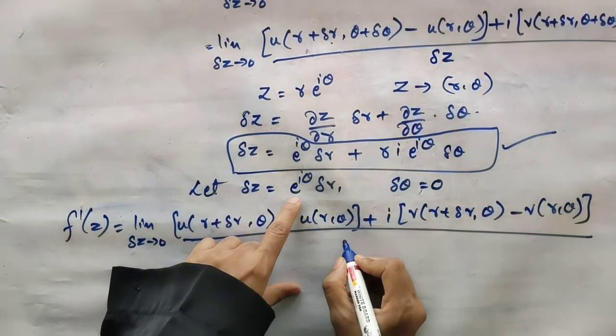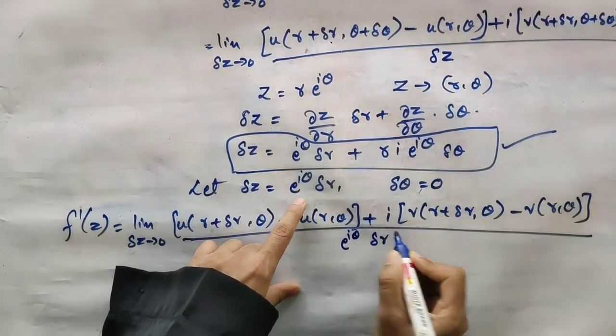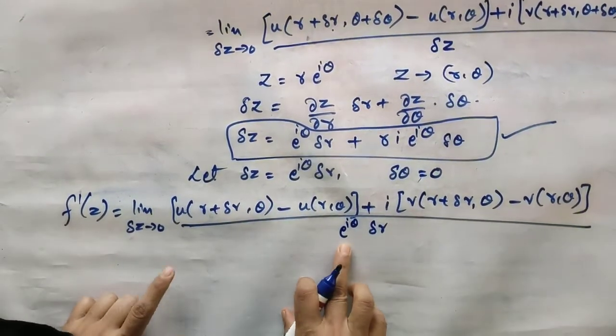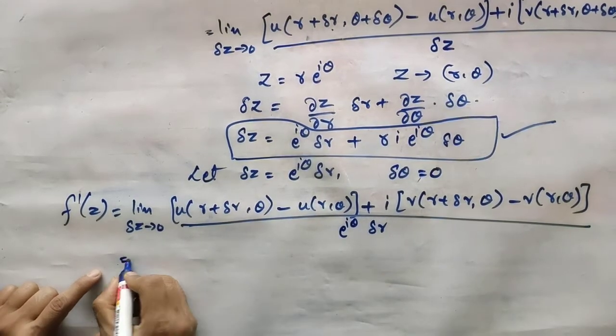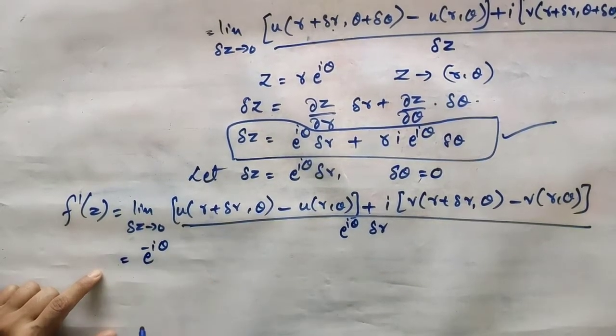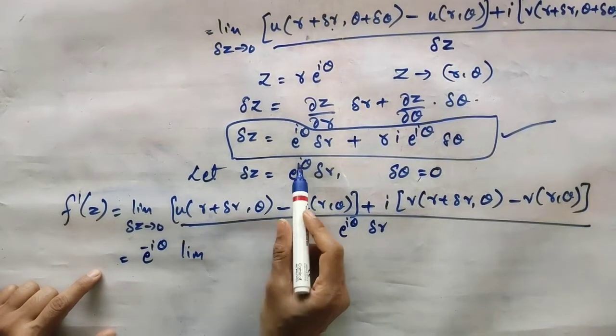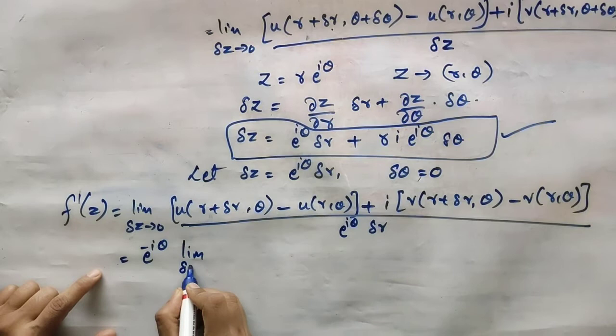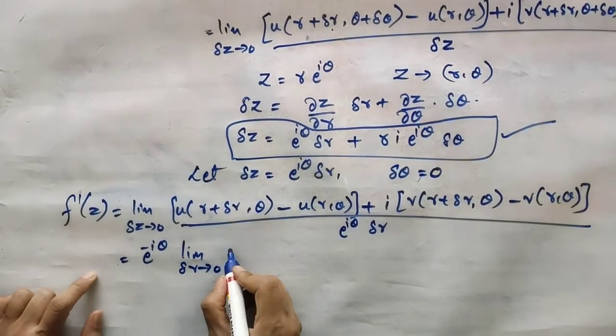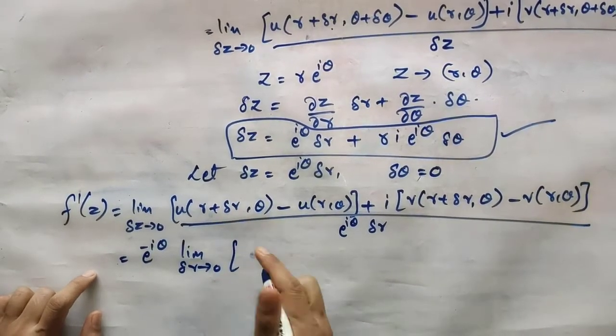I am considering delta z as e to power I theta into delta r. So e to power I theta, I can take it outside and write it as e to power minus I theta over here. Limit, now delta z is tending to 0. Since delta z is equal to e to power I theta into delta r, here delta r must tend to 0. So let us rewrite everything once again.